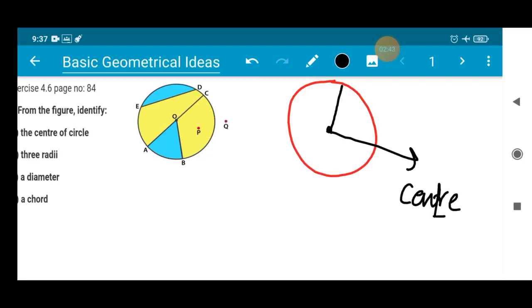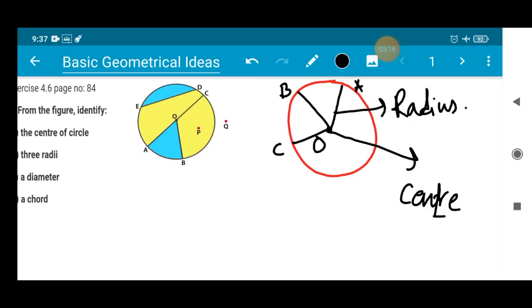After the center, of what radius the circle is, how much radius you are making, that is the radius. So what do you mean by radius? Radius is a line segment which connects the center to the circle. Suppose I give the name O to the center and the name A here, and if I make another line segment from the center O, this is also considered a radius.